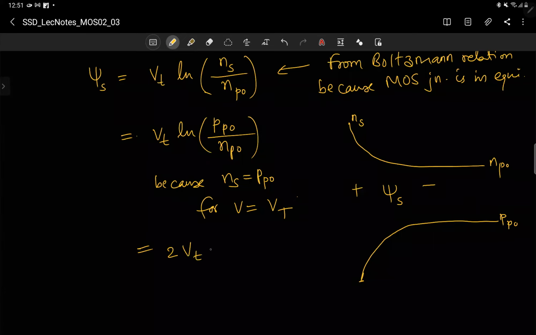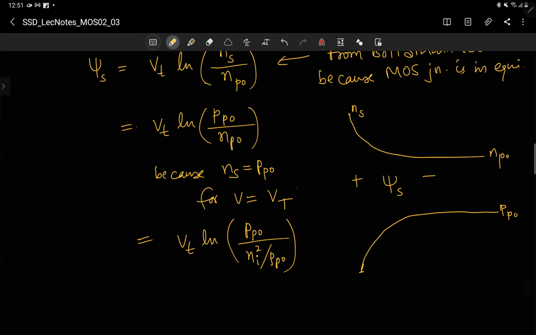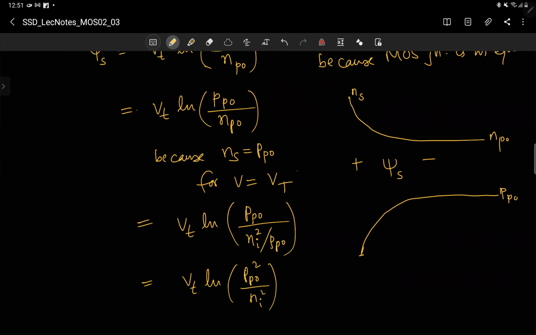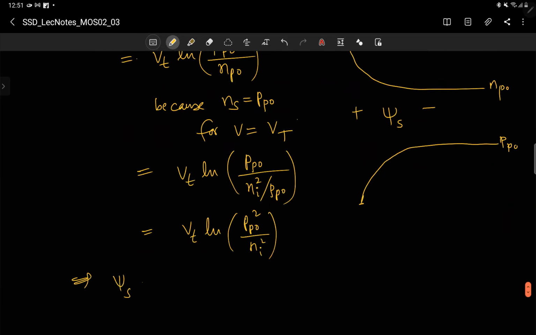So 2 times Vt, sorry, I'm going fast, ln Pp naught by Ni square by Pp naught, because Np naught is Ni square by Pp naught. So that means Vt ln Pp naught square by Ni square, which implies psi S equal to 2 Vt ln Pp naught by Ni.